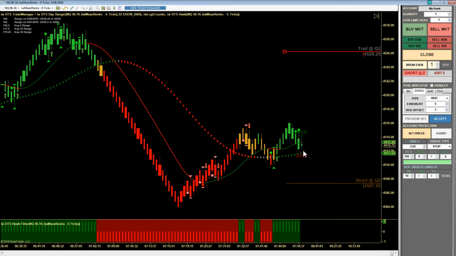Get down there, get into a yellow bar, because we don't trade yellow bars as a rule on the hawk. Get down there, come on. See, now it's a macro pullback. It's still wanting me to buy. Give me that yellow bar.